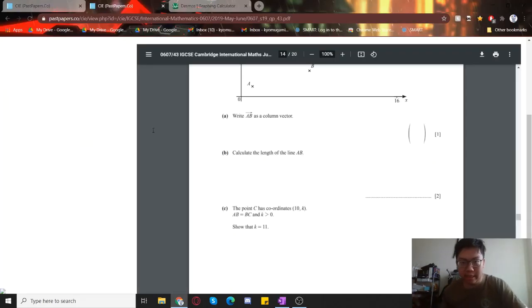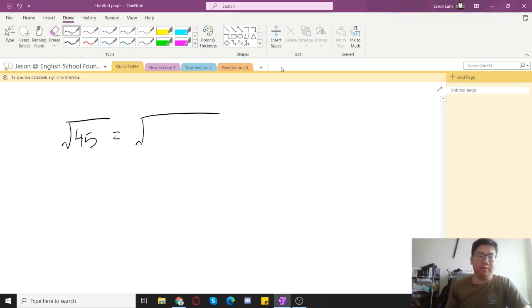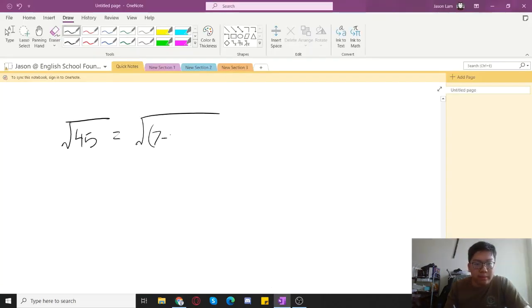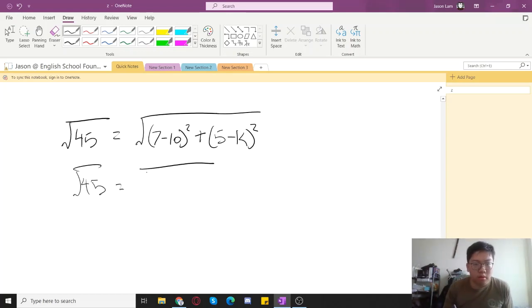Let's call it B is 7, 5, so 7 minus 10 squared plus 5 minus k squared. So we know the first part. Let's simplify that: 9 plus this mysterious term, 5 minus k squared.